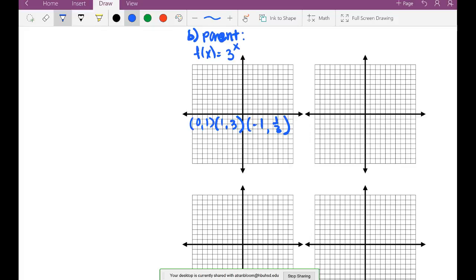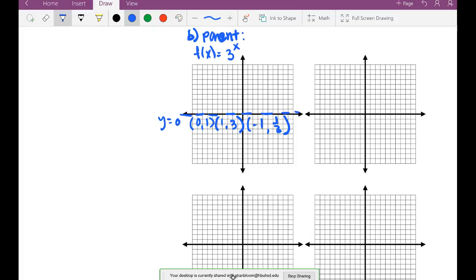We're on the parent, so which way should the asymptote go? Y equals 0. It goes this way. Good job. Okay, so y equals 0.